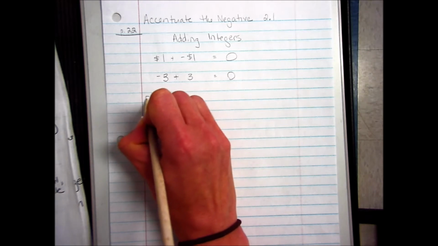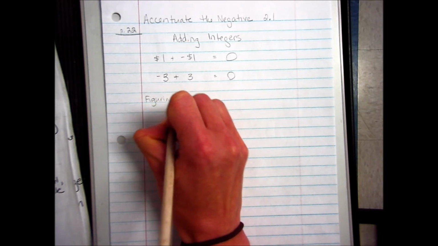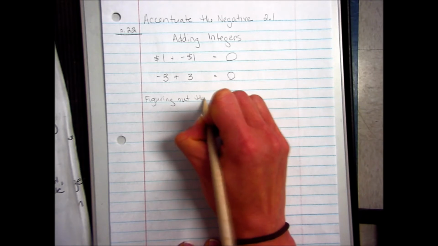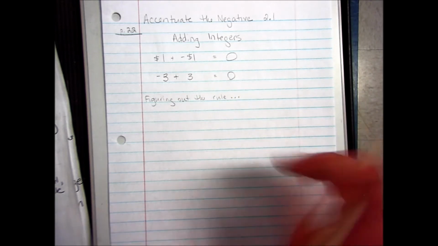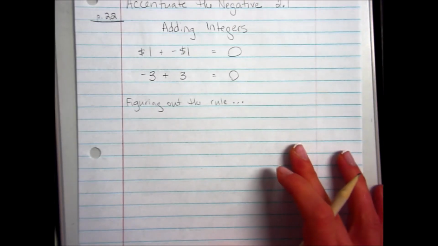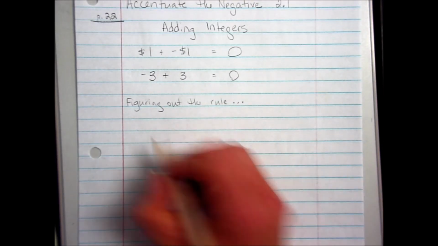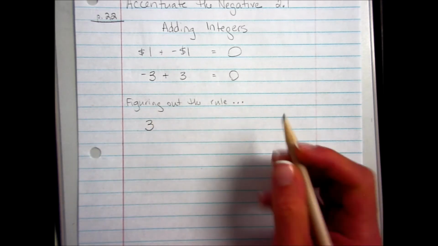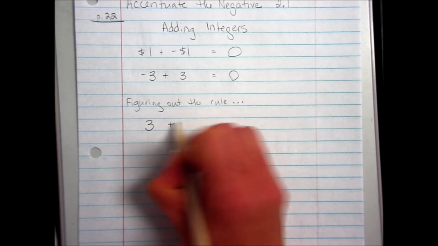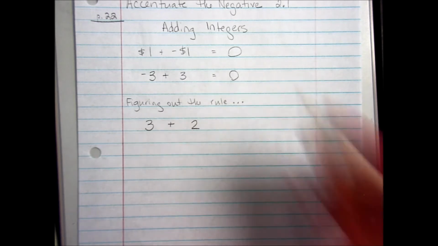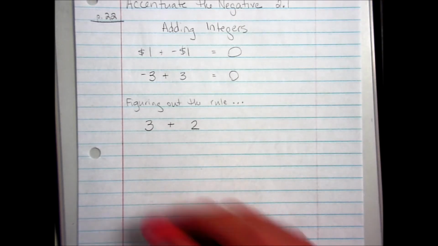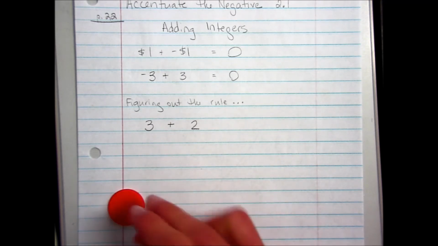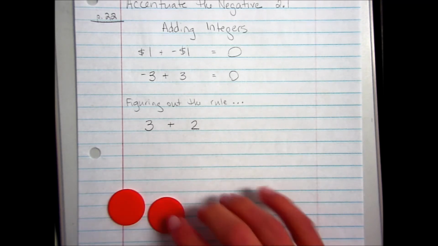I'm going to write figuring out the rule. Let's zoom in a little bit. All right, so if I have a +3 and I want to add a +2. You can take your chips each time we work with these numbers. Even when they're basic numbers, we're still going to model it out so that we can figure out this rule.